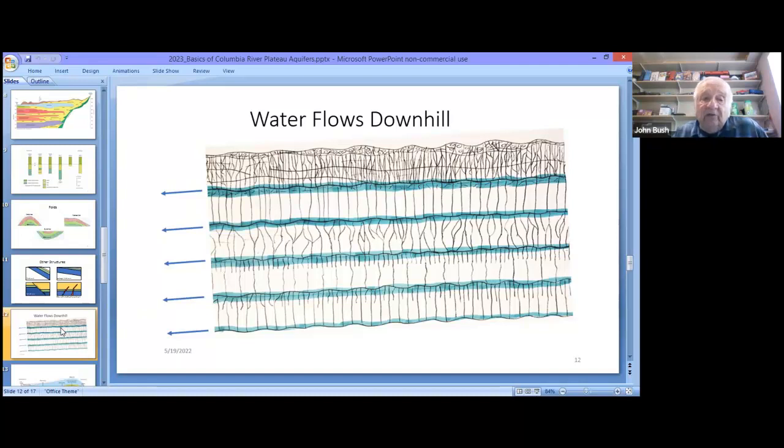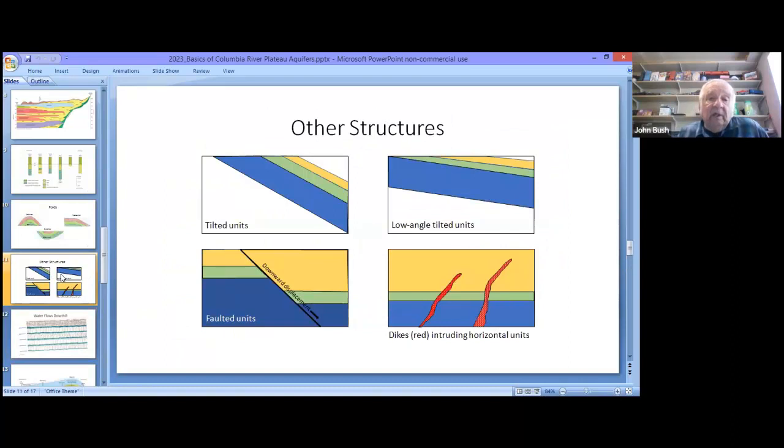So we're going to look at some of those in the Moscow-Pullman Basin and the Palouse Basin next time. Just remember this, here are some tilted units. This area up here would be, if you run a stream across it, the area that might be exposed to some recharge, but water is going to try to move down those contacts. Low angle tilts: some people believe that the tilting rocks in the western part of our basin are too gentle.